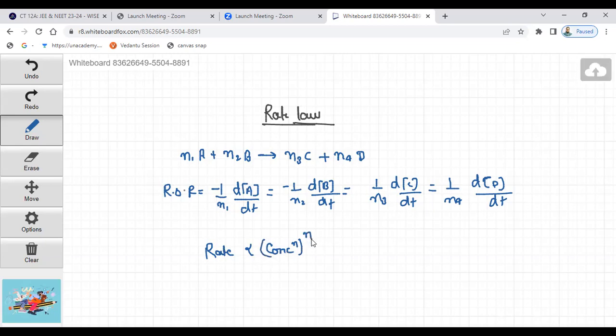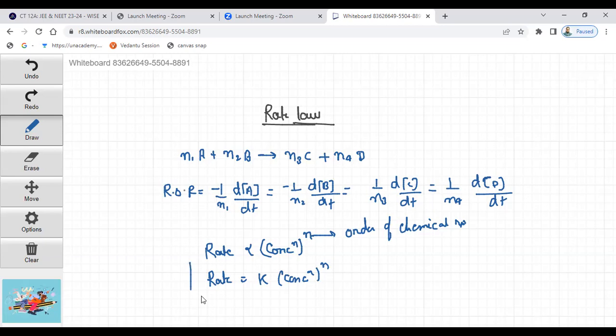This n value is the order of chemical reaction. If we remove the proportionality, we can write that rate is equal to k into concentration to the power n. This is the equation for the rate.